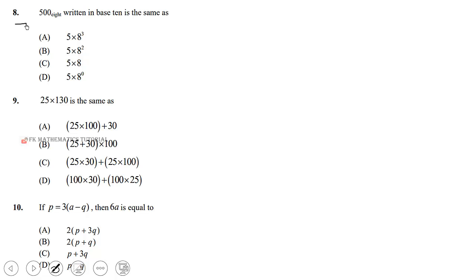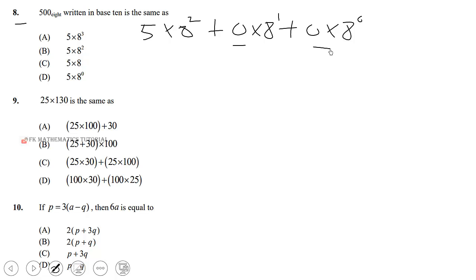It is the same as 5 times 8 squared plus 0 times 8 plus 0 times 8 to the power 0. So that will give us 5 times 8 squared. So the correct answer will be B.